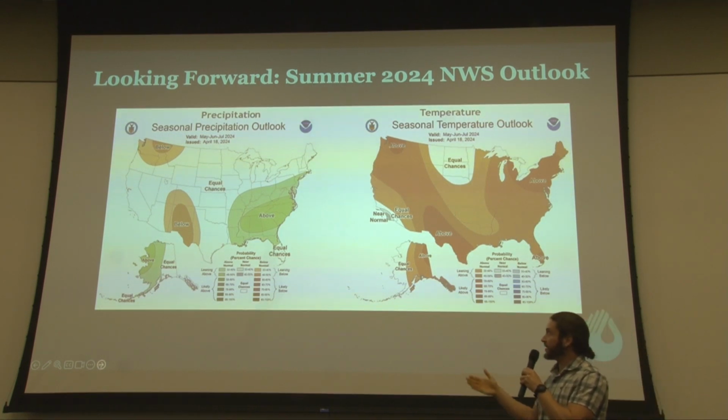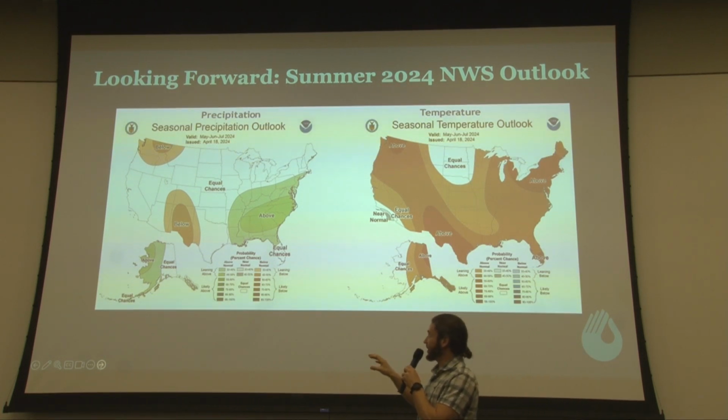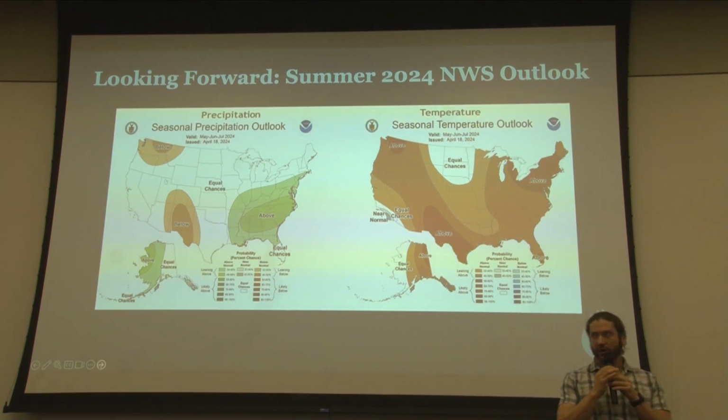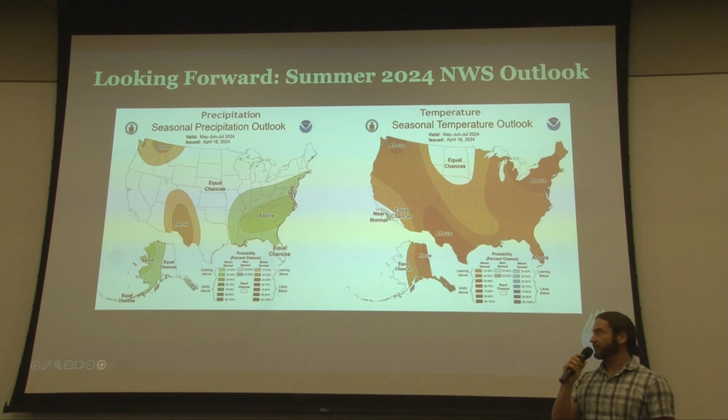And then equal chances, or potentially slightly above equal chances, of getting rainfall. Historically, May and June are our wettest months in the Hill Country area, and we really need to get a lot of rainfall in the next couple of months to turn things around.